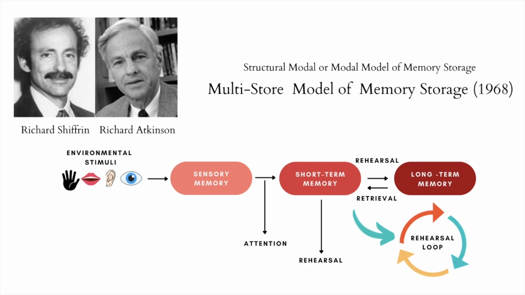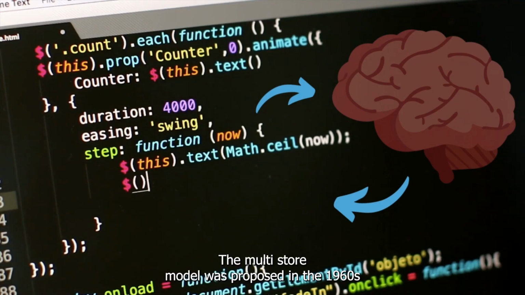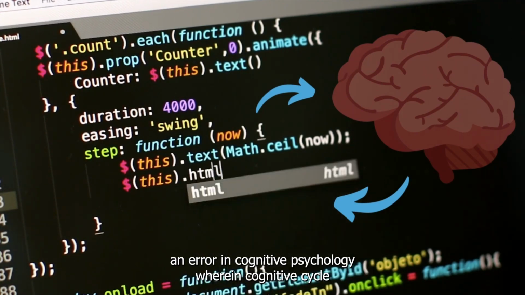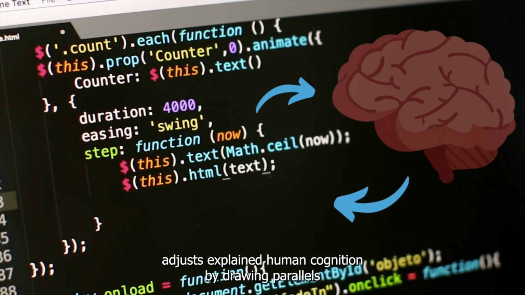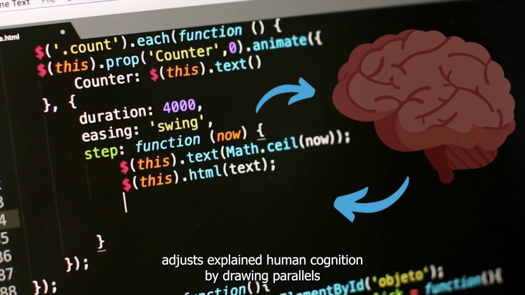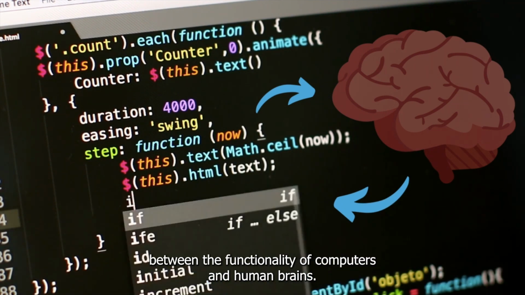The multi-store model was proposed in the 1960s, an era in cognitive psychology wherein cognitive psychologists were explaining human cognition by drawing parallels between the functioning of the computer and the human brain.